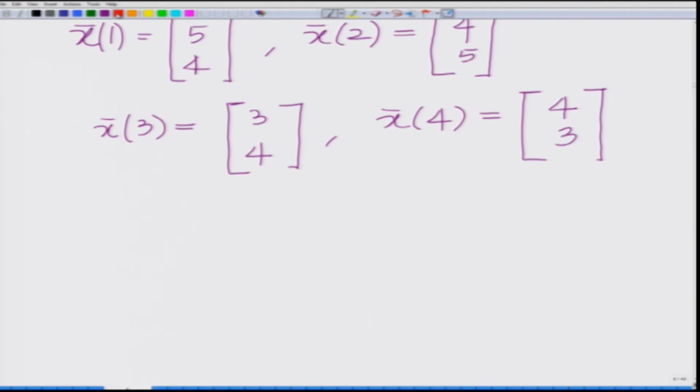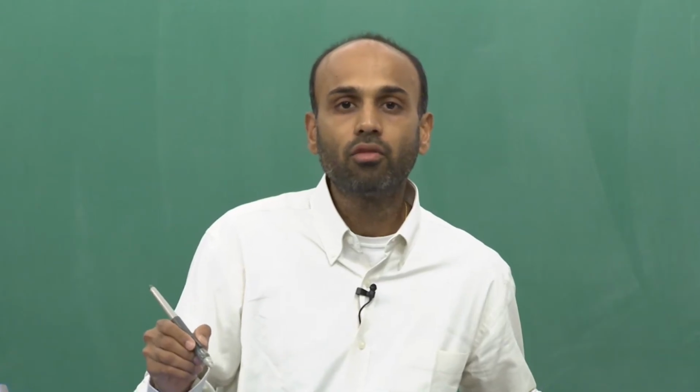And consider the observations. We have n equal to 4 pilot vectors, and corresponding to this we will have n equal to 4 observations.